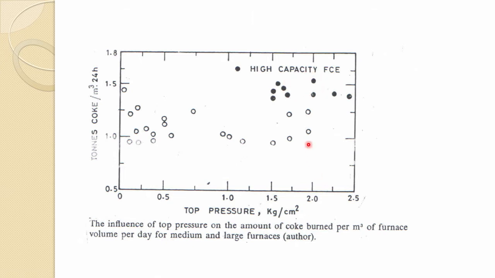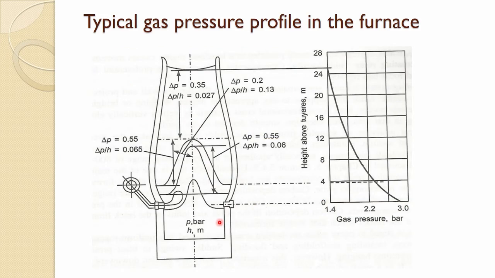Most of these modern furnaces are equipped with a high top pressure, somewhere in the range of 2 to 3 kg per centimeter square. So, one can see certainly that the coke rate has increased with the increase of the top pressure. So, that is going to increase the productivity of the furnace.